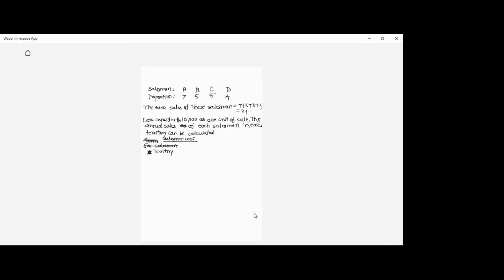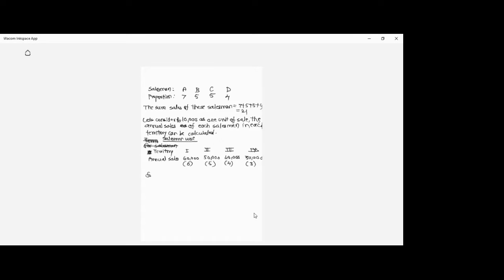So for territory 1, it was 60,000, which turns out to be 6. For the second, it was 50,000, so it turns out to be 5. For the third, it is 40,000, which turns out to be 4. And for the fourth, it was 30,000, so it turns out to be 3, right?